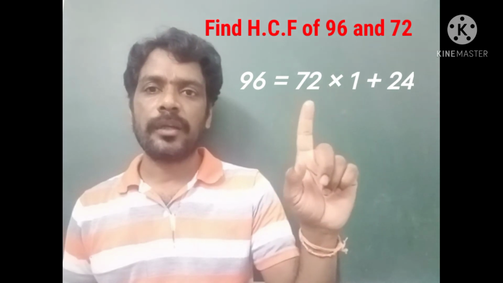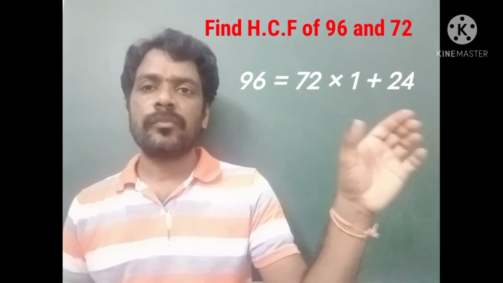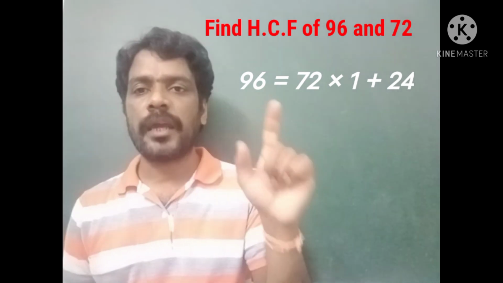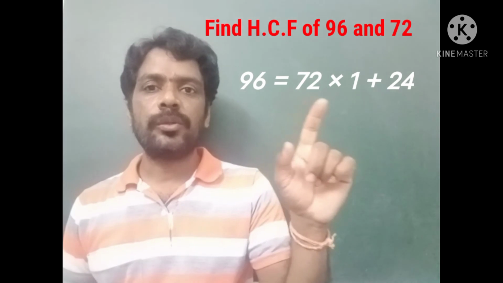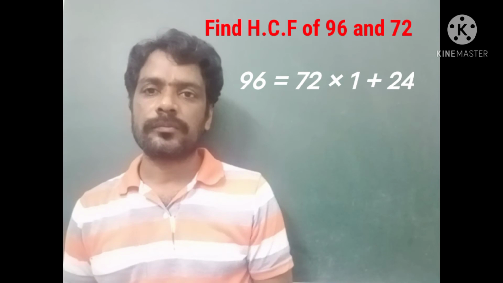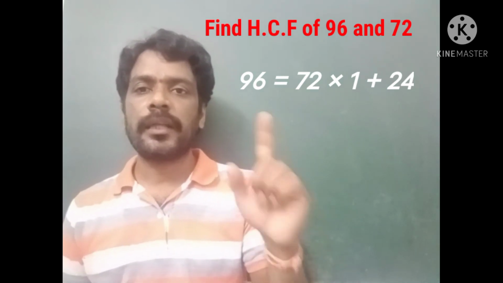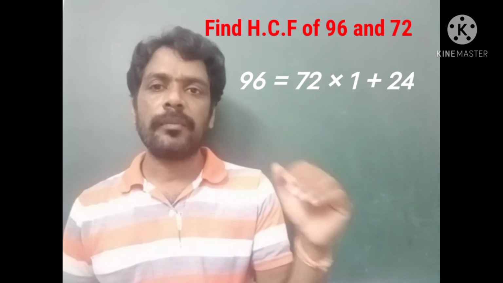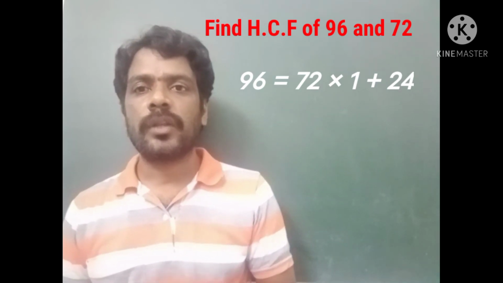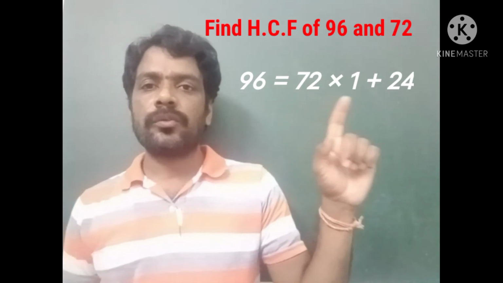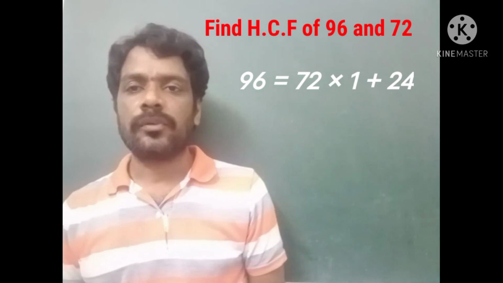In 96, 72 is only one time, and we get some value as a remainder. So 96 is equal to 72 into 1 plus the remainder 24.